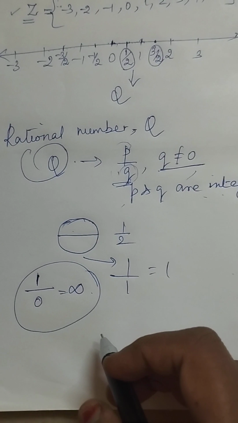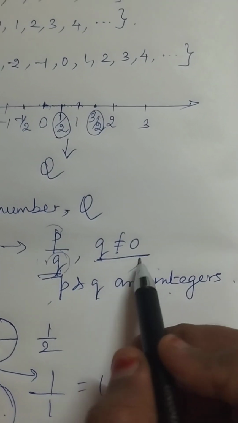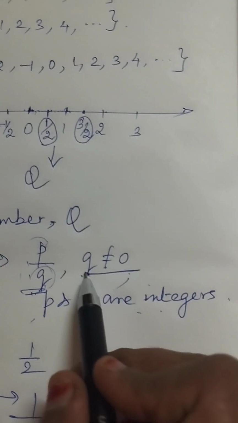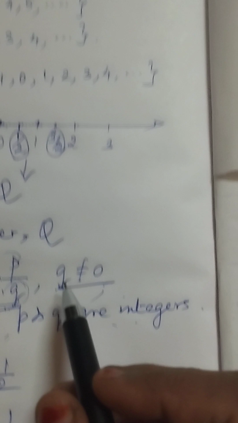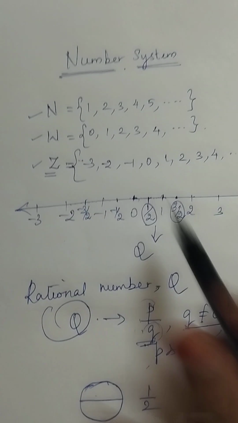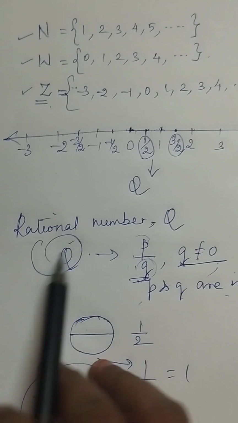So that's why this condition is given for a rational number. P by Q is the general form of a rational number, where Q is not equal to 0 and P and Q are integers. So first we saw natural number, whole number, integer, and then rational number.